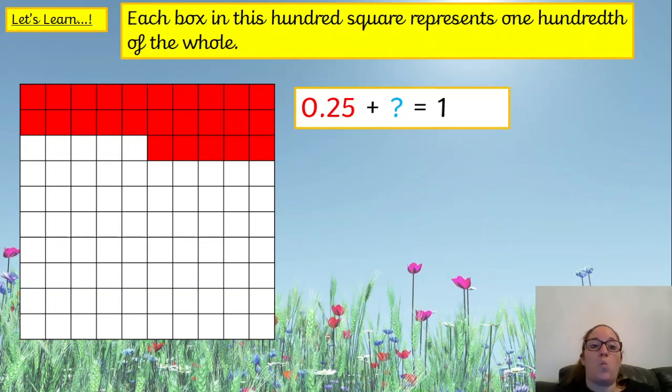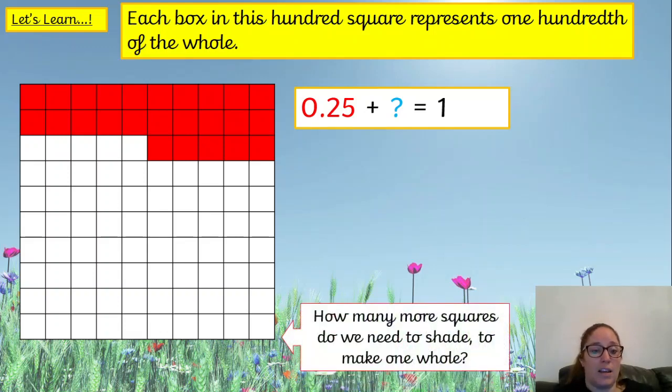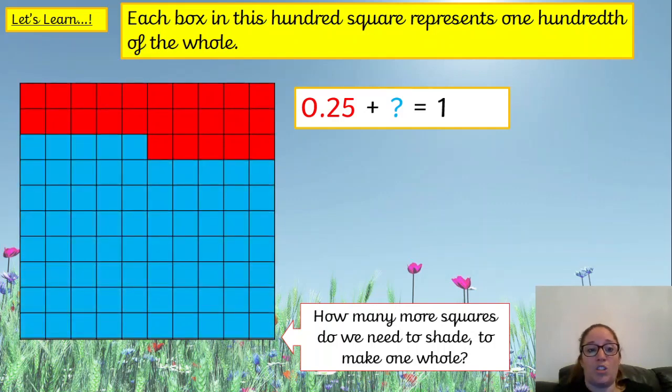Well, we know that one whole is the whole square. It's 100 pieces. And we know that we've got 25 out of the 100. So if we shade the rest, how many do we need to shade? Okay, we're going to shade 10, 20, 30, 40, 50, 60, 70 full rows because there's 7/10 and there's 5/100.